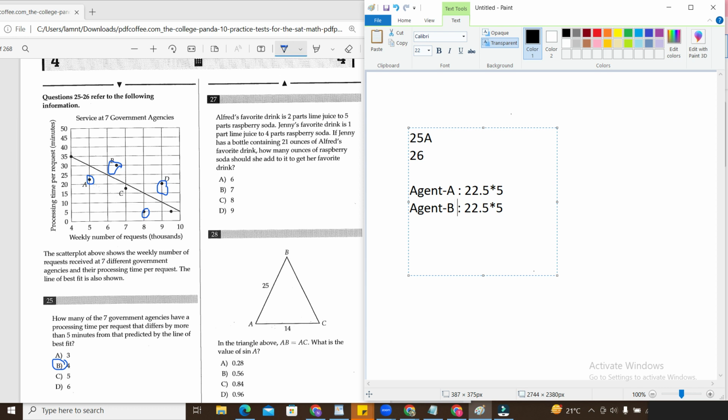It's 30 minutes per request. It's 30. So how many requests is this? 6.5. Okay, and let's calculate for C and D.